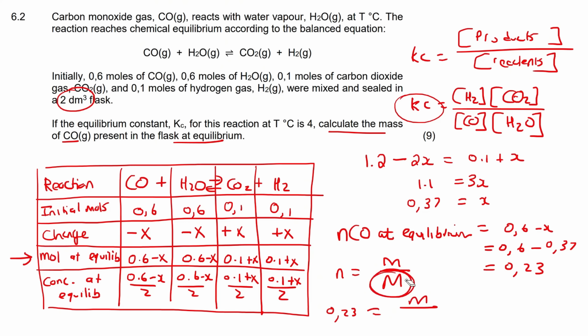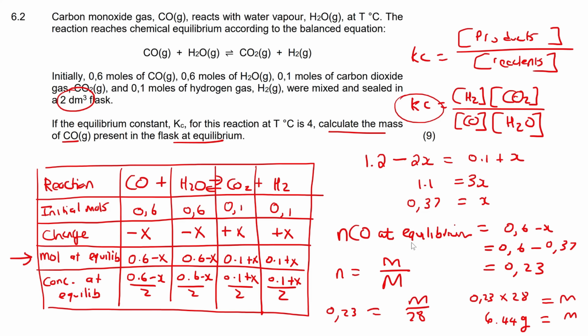The molar mass of carbon monoxide: carbon on the periodic table is 12, oxygen is 16, so together that would be 28. Then to get the mass alone, you're just going to say 0.23 multiplied by 28, and that'll give us 6.44 grams.